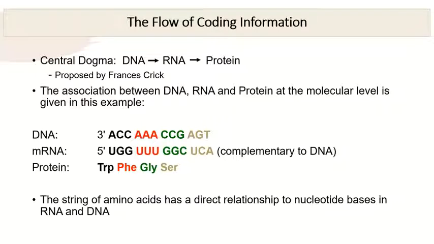Later on, you will produce mRNA with UGG, where you notice that U is transcribed from A, G transcribed from C, G transcribed from C, and the same thing happens. U transcribed from all the A's up there, GGC transcribed from CCG, and UCA transcribed from AGT. So this mRNA here is complementary to the DNA template.